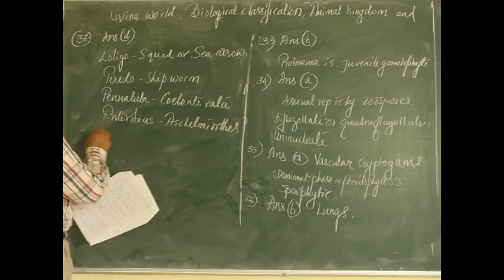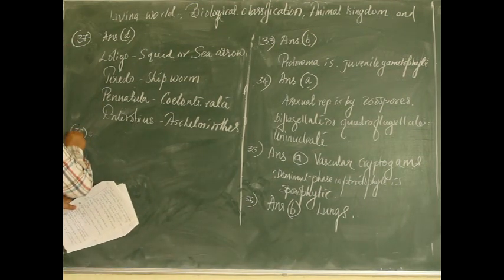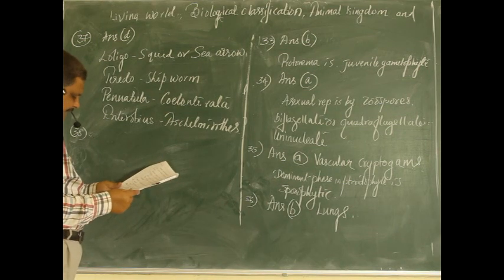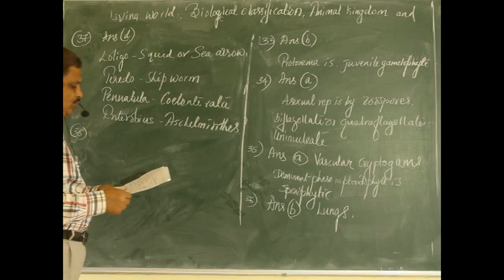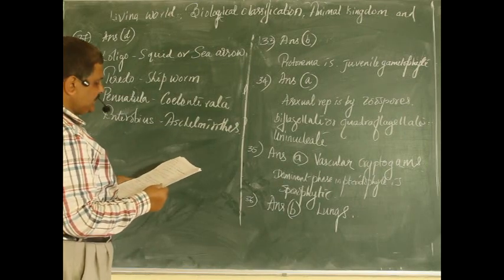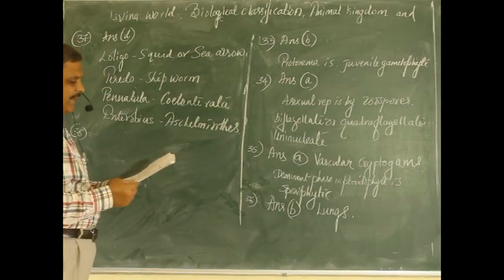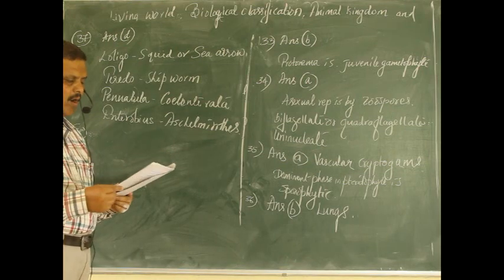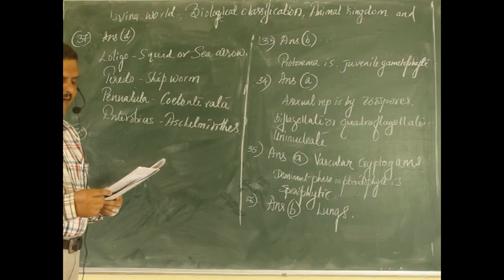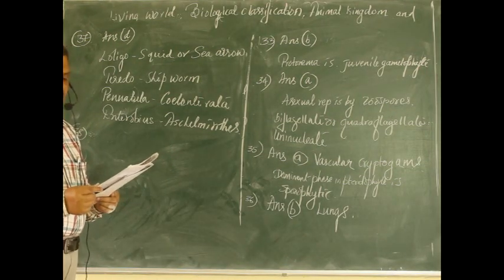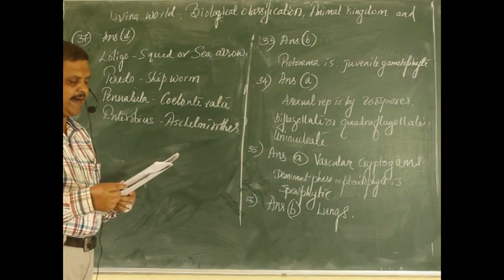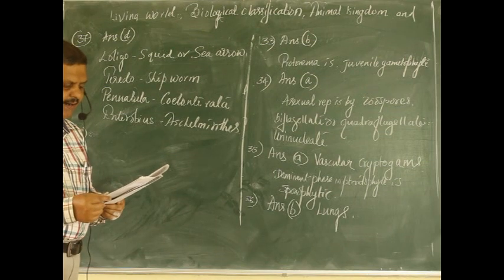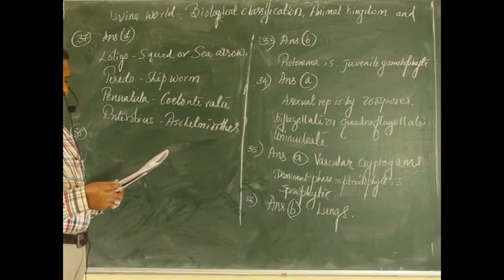Question number 38. What is the question? Two common characters found in centipede, cockroach and crab are: book lungs and antennae; compound eye and anal cirri; jointed legs and chitinous exoskeleton; green gland and trachea.